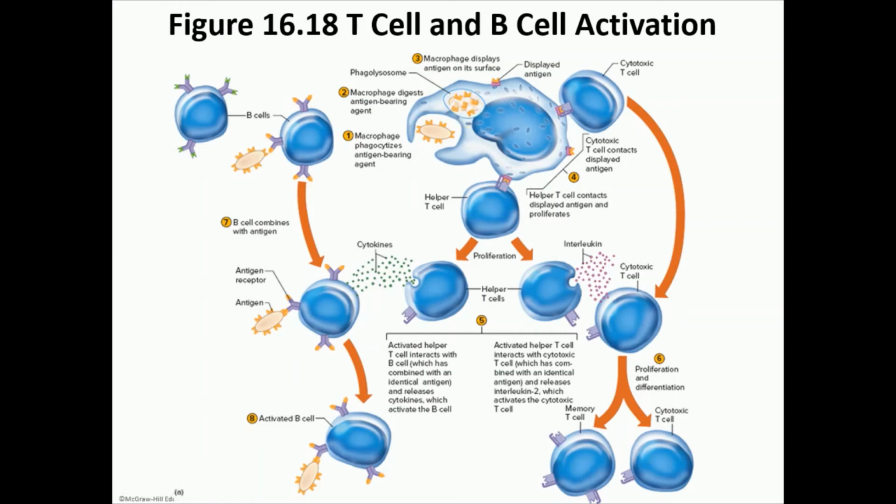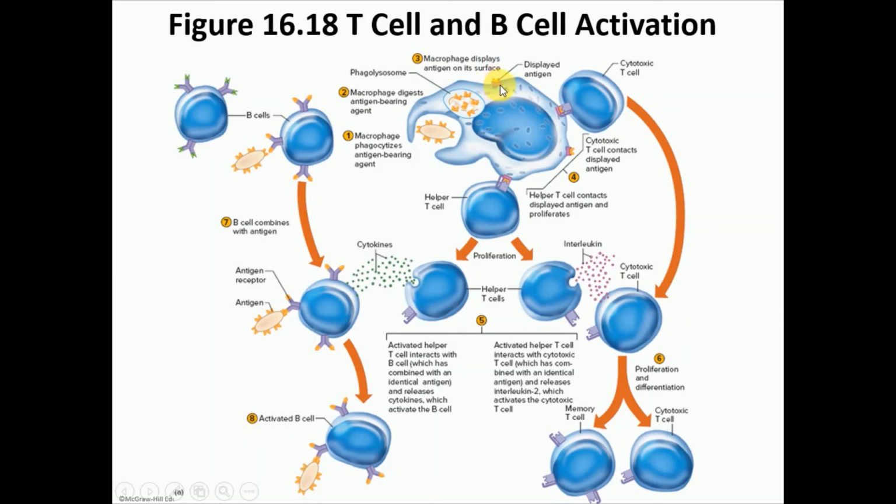It'll eat it up, break it down into its smaller components, and just display the part of the germ that identifies it. That is the thumbprint of that germ. Now we know what kind of germ we're trying to deal with. That is why it's known as the antigen presenting cell. It'll display the part of the germ that identifies it, and that's known as displaying the antigen.